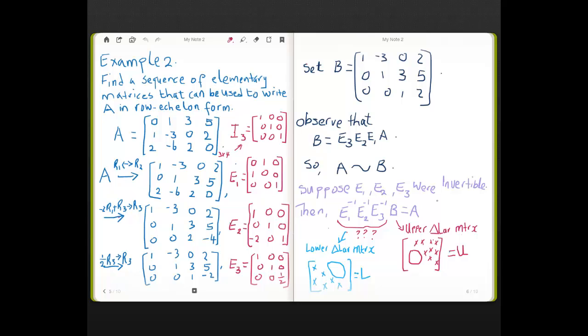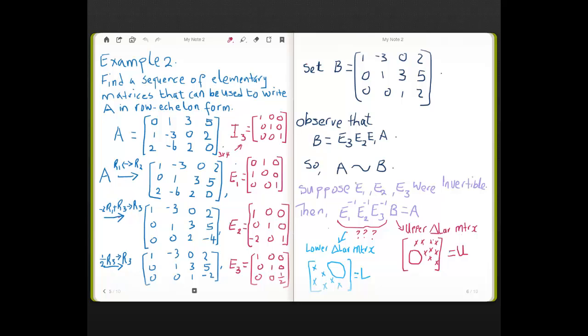Now let me say a few things which I would reiterate when we get back to the slides. Suppose E1, E2, and E3 were invertible. As a matter of fact, they are. All elementary matrices are invertible, and the inverse of an elementary matrix is also elementary. That's beautiful.